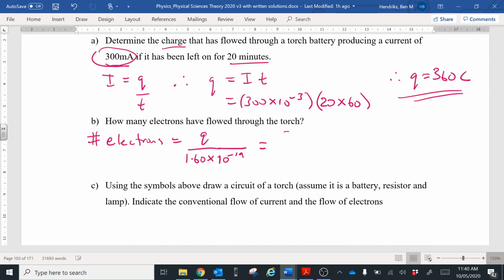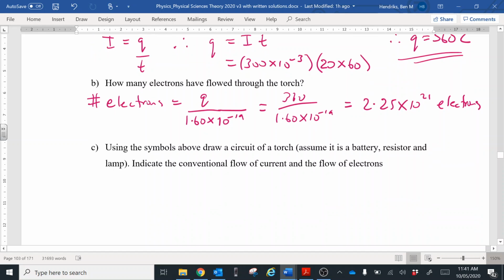And that's going to be equal to 360 over 1.6, which equals 2.25, so that's quite a few, times 10 to the 21 electrons. Okay, so that's actually equivalent to 2,250 billion billion electrons that have passed through that torch in 20 minutes. It's quite a lot.